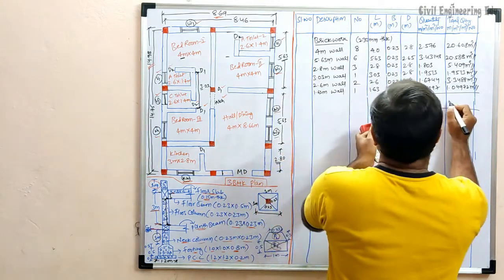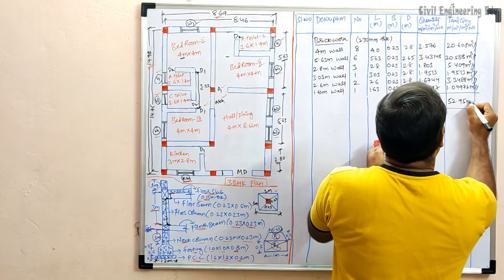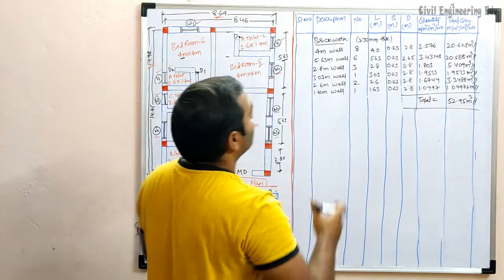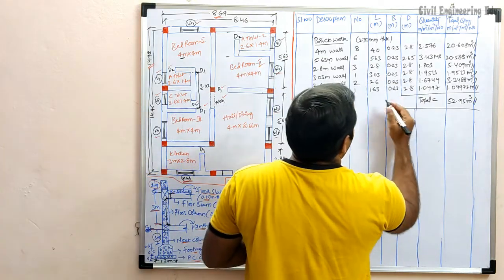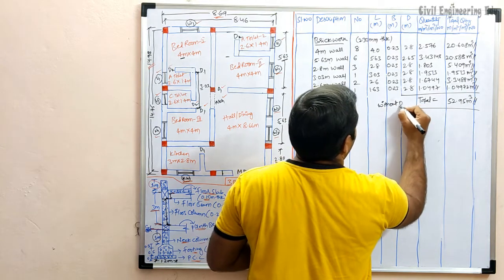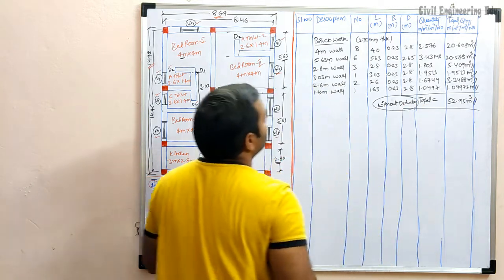So here I got 52.95 meter cube. So this is the total brickwork quantity without deduction. So this is without deduction.